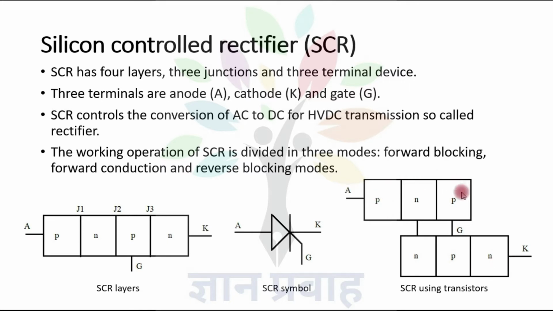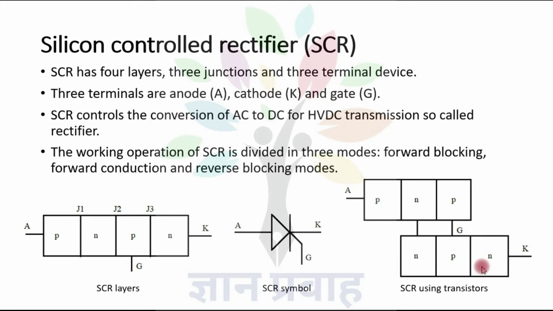So these 3 layers are behaving as a PNP transistor, while these three layers are behaving as an NPN transistor. So N and P, both layers are the common layers. So from this schematic arrangement, we can say SCR is the combination of PNP transistor and NPN transistor.